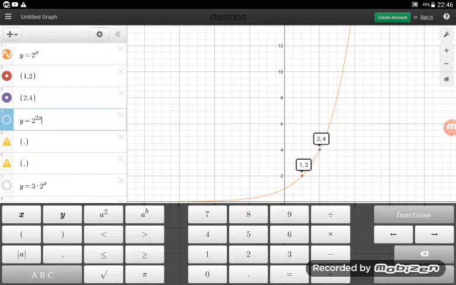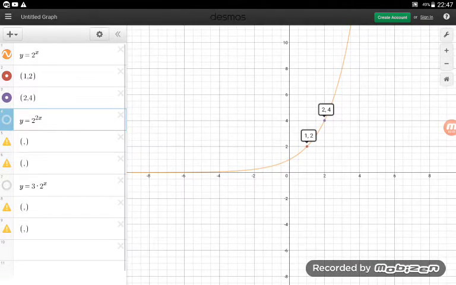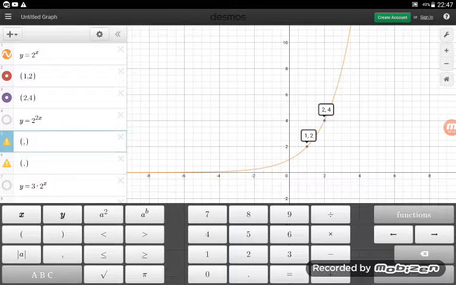If I have y equals 2 to the power of 2x, if I show this graph, where do we expect the point (1, 2) and the point (2, 4) to appear after this transformation, that 2 multiplying the x?